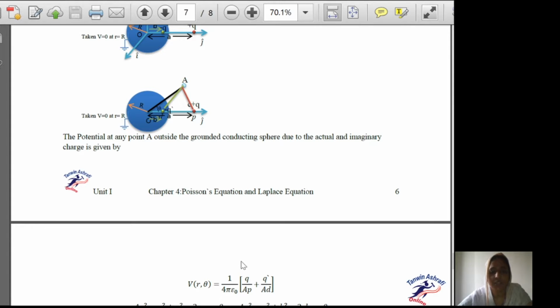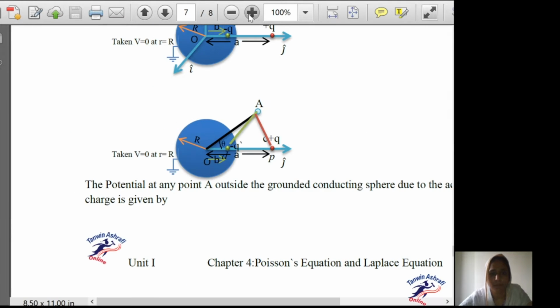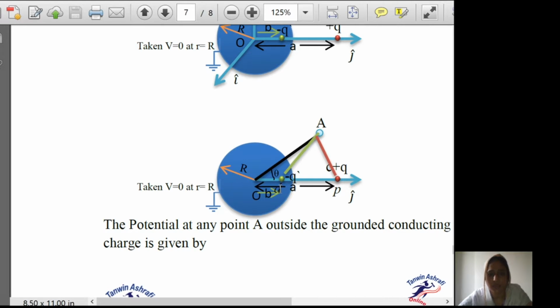Potential is equal to 1 upon 4 pi epsilon naught, positive charge Q over AP, plus the imaginary charge q prime divided by AD. This point is D, as you can see, this green line AD.